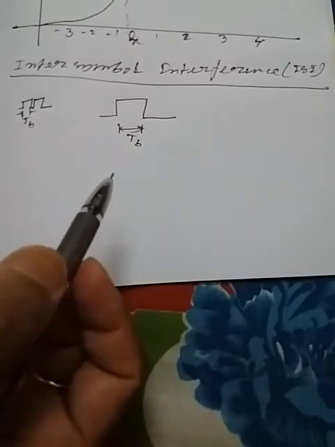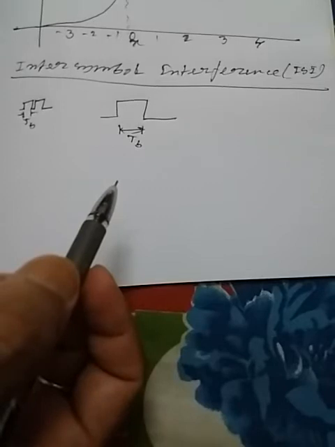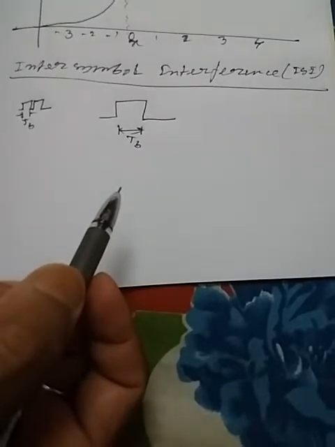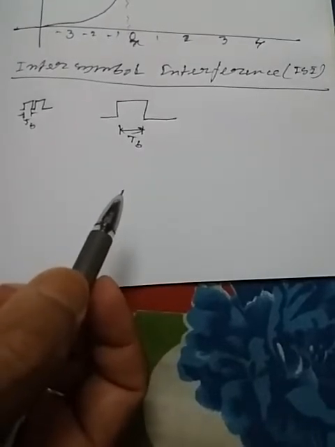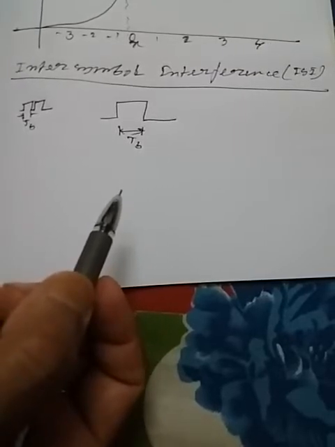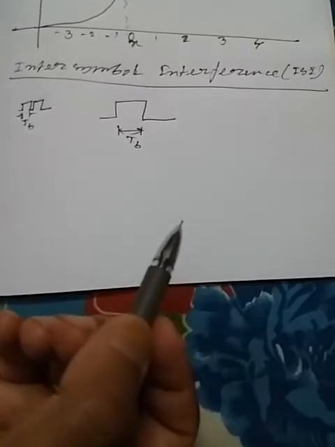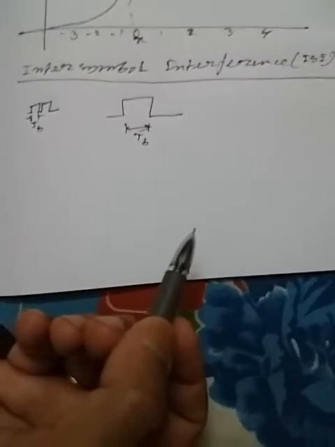Due to this, the pulse appearing at the output of the system will be dispersed over an interval which is longer than TB seconds.